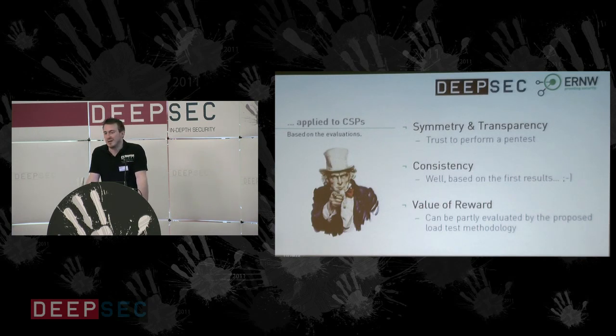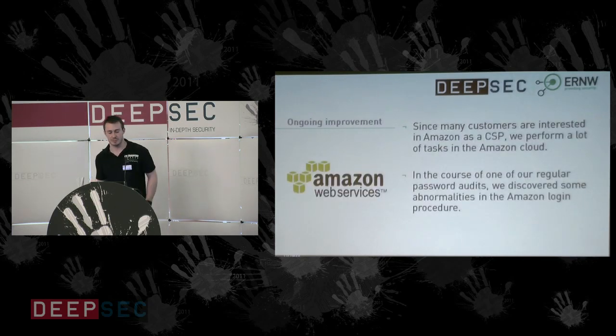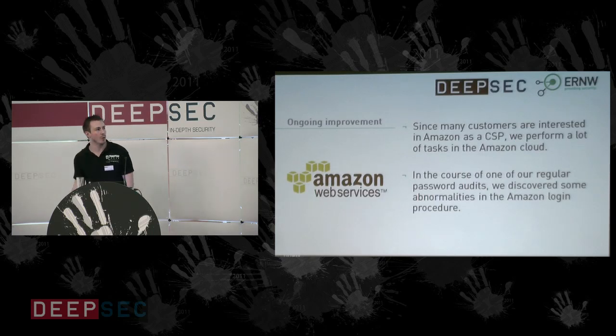So these are basically the trust factors, and I tended to put high trust in Amazon at the beginning of 2011 because they had no relevant security incidents by that time. They had no outages. They were very transparent.